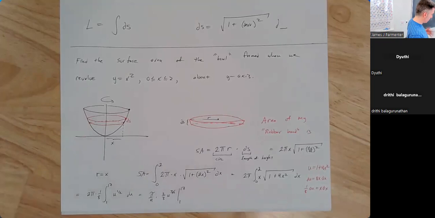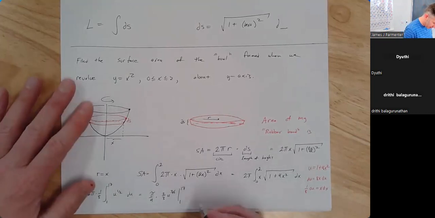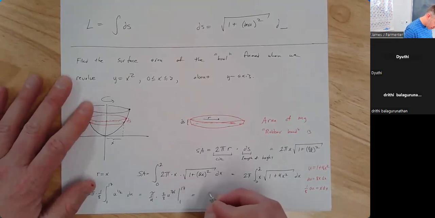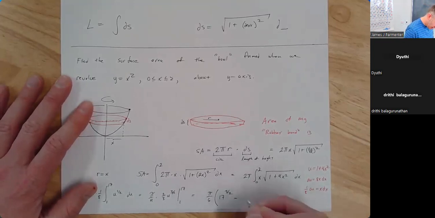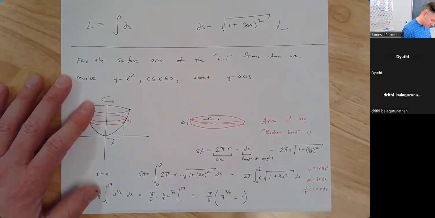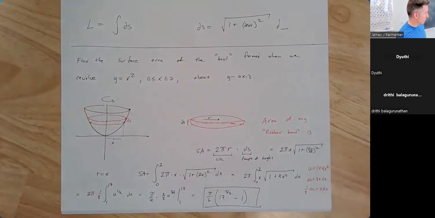Since we changed our limits of integration, we don't have to go back and plug in what u is in terms of x. We just plug in 17 for u, and we get pi over 6 times 17 to the 3/2 power, which is gross, minus 1 to any power is 1. And that would be the very strange number that is the surface area of this ball.